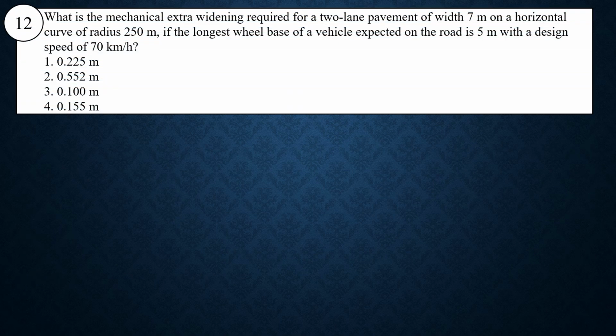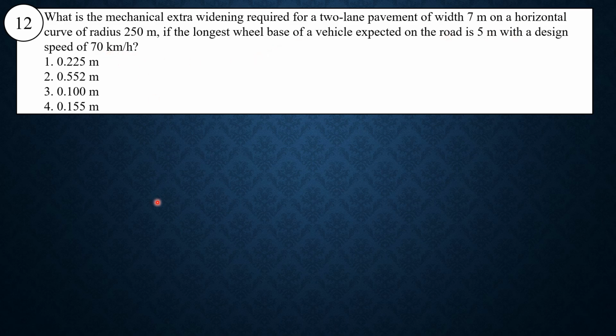What is the mechanical extra widening required for a two-lane pavement of width 7 meter on a horizontal curve of radius 250 meter if the longest wheelbase of a vehicle expected on the road is 5 meter with a design speed of 70 kmph?